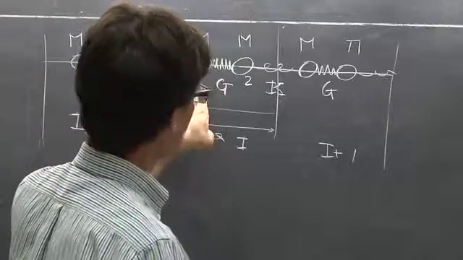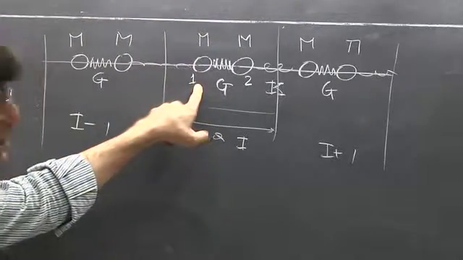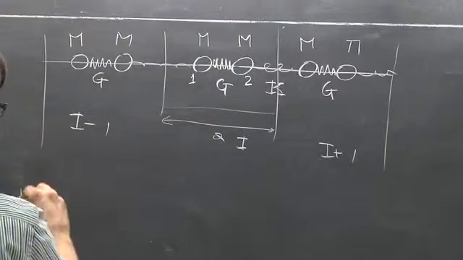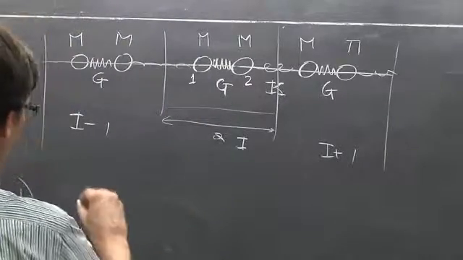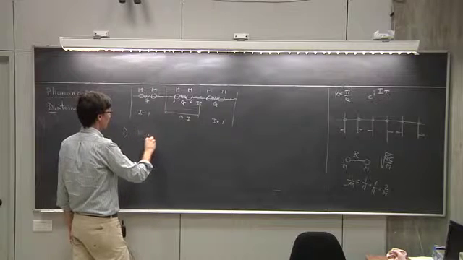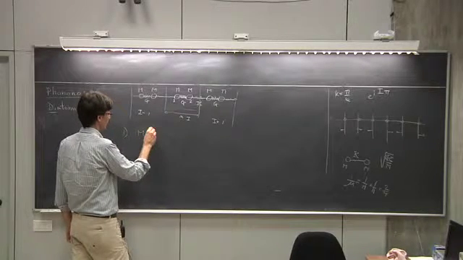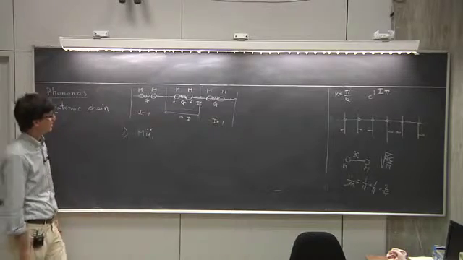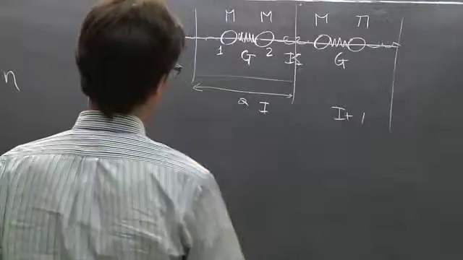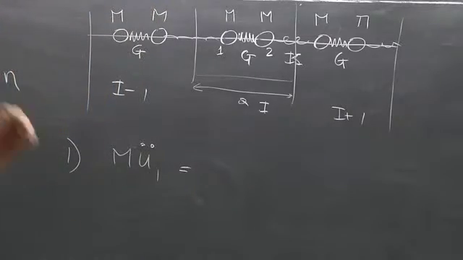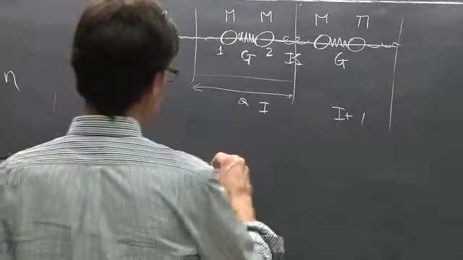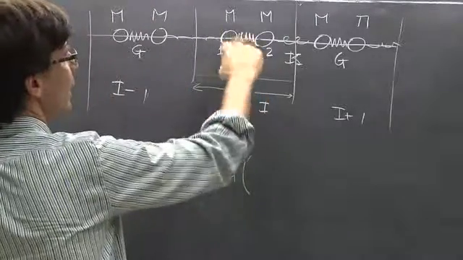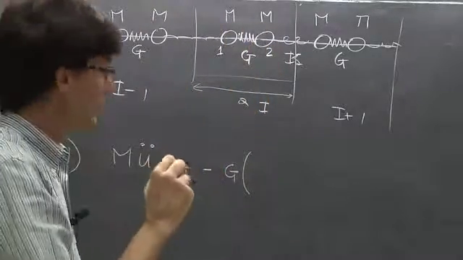So for this, we'll have two equations of motion because I will have two atoms in the cell. So let me do atom 1 now. So for atom 1, I will have m, the second derivative with respect to time, that's the acceleration. This will have to be equal to minus g. So I'm now looking at the interaction between 1 and 2.